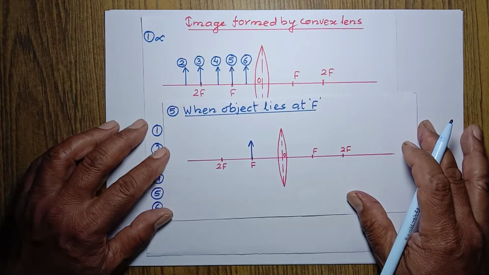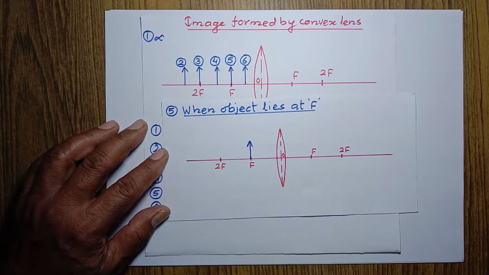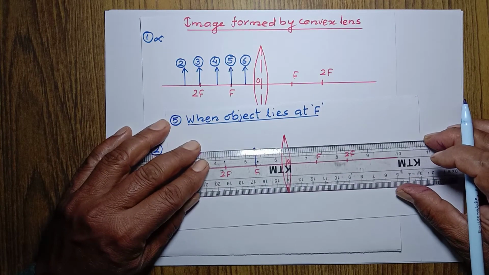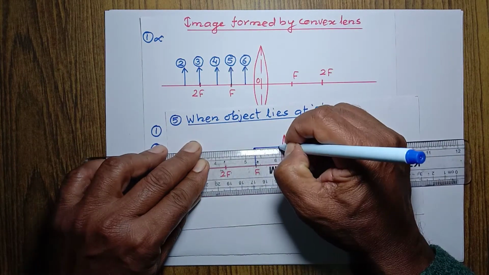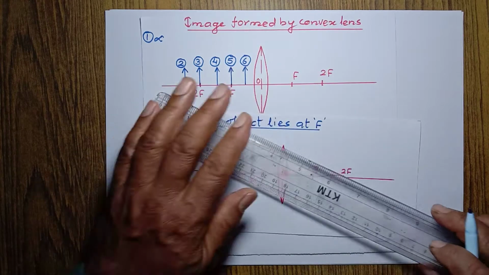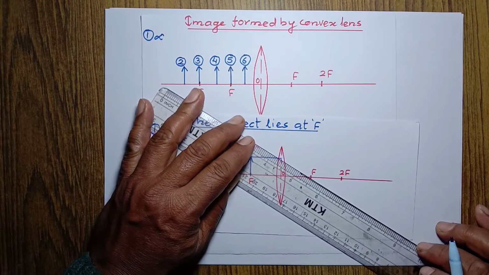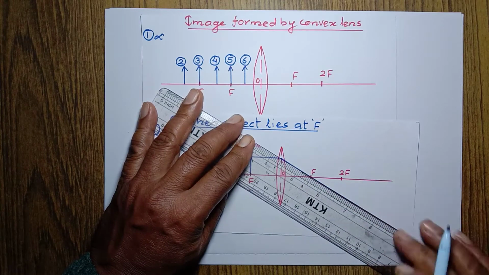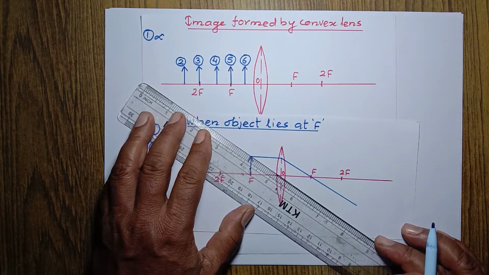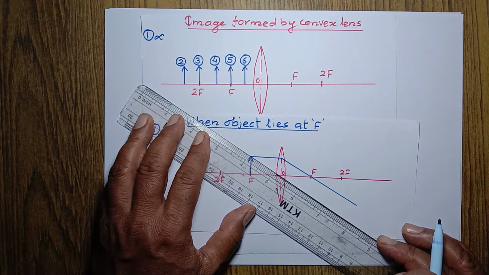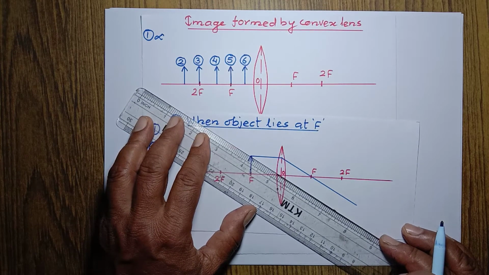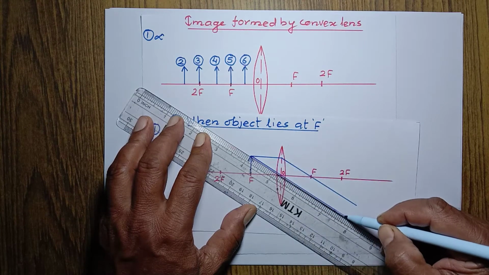Now I'm doing the fifth condition. Look at this. When the object is at focus. Now what happens when the object is at focus? One ray of light we have to draw parallel to the principal axis, which passes through focus. We know this according to our rule. And another ray of light coming through the optical center passes straight without deviation.